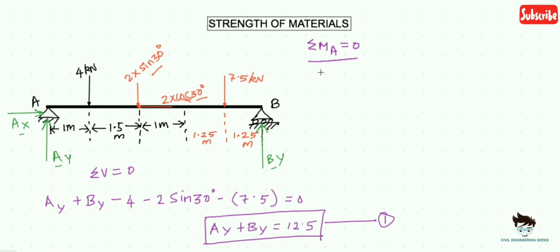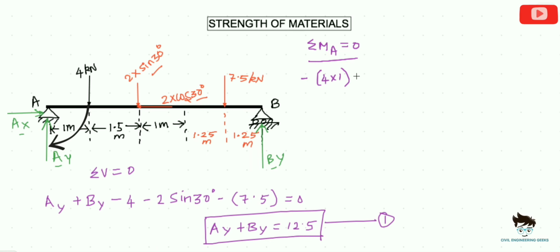So suppose I am considering summation of moments about A equals to 0, because we know that the moment about A is 0, as I told. Then the equation will look like minus 4 times 1. Here we are considering clockwise moments as negative and counterclockwise moments as positive. As you can see, 4 kilonewton is acting downwards, so it is going to create a clockwise moment about point A. And 1 is nothing but the perpendicular distance between the point A and the 4 kilonewton force.